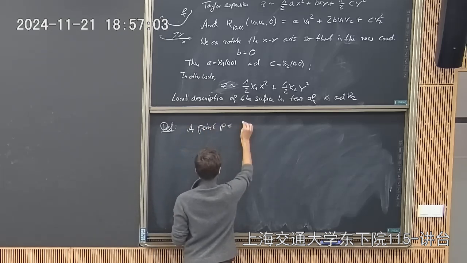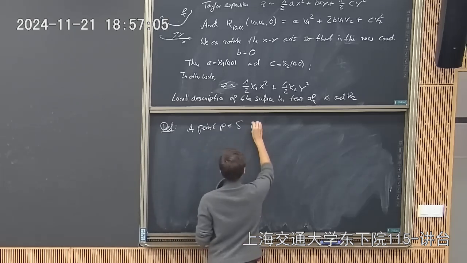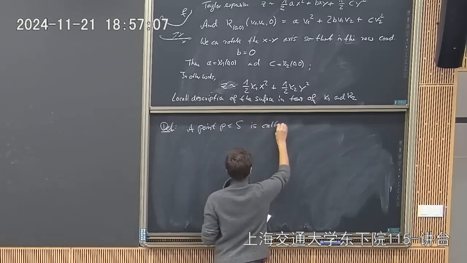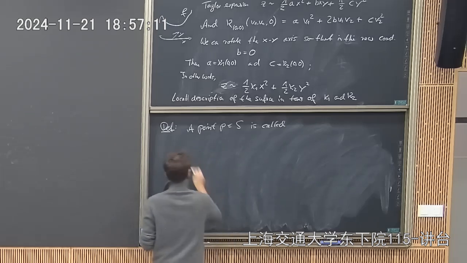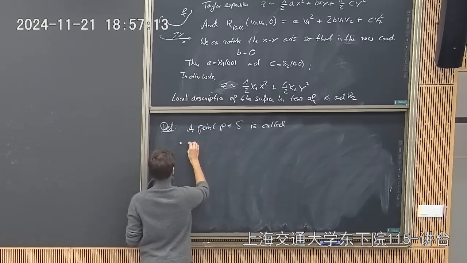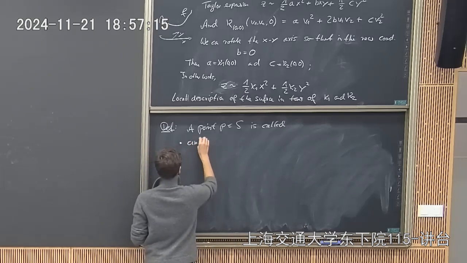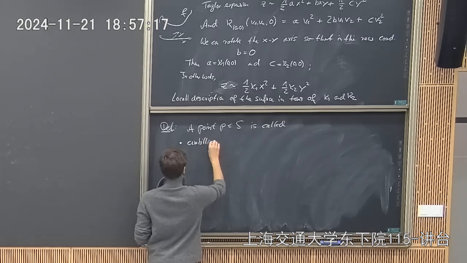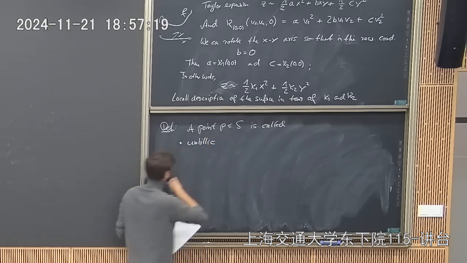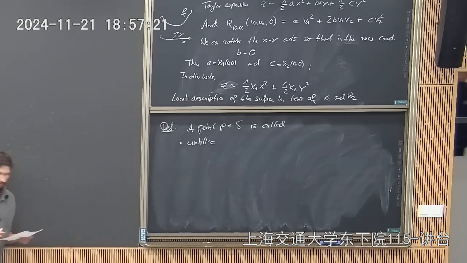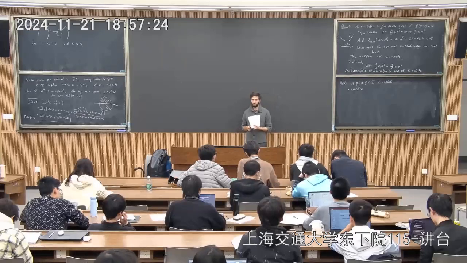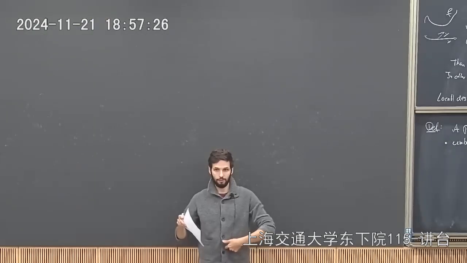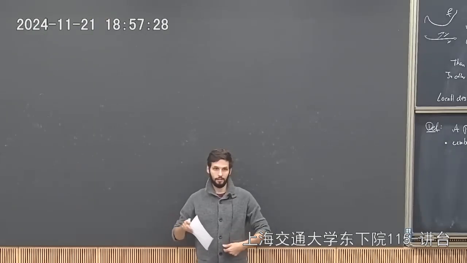That's the next definition. A point P of the surface is called, and now three words, the first one is umbilic. Umbilic is a Latin word, and it means navel, like here, the point in your tummy.